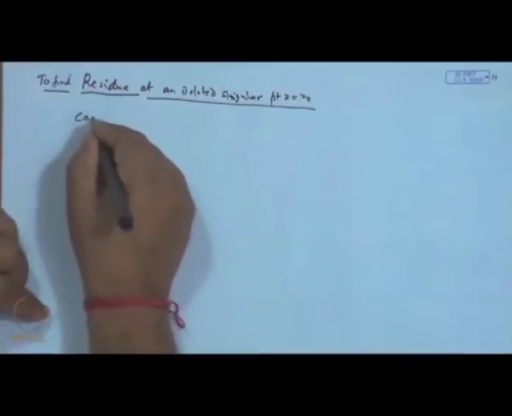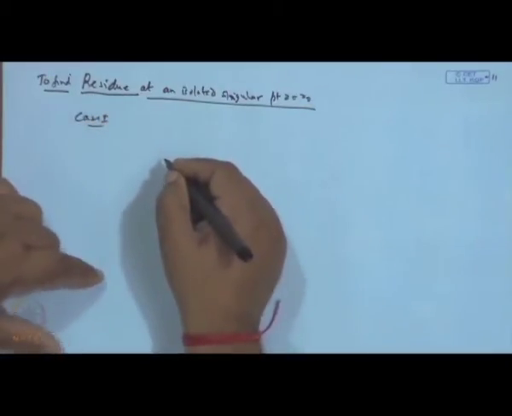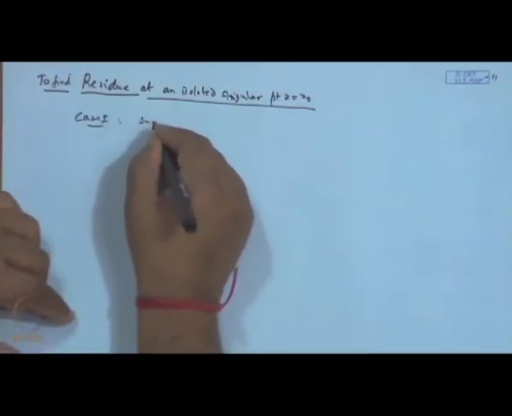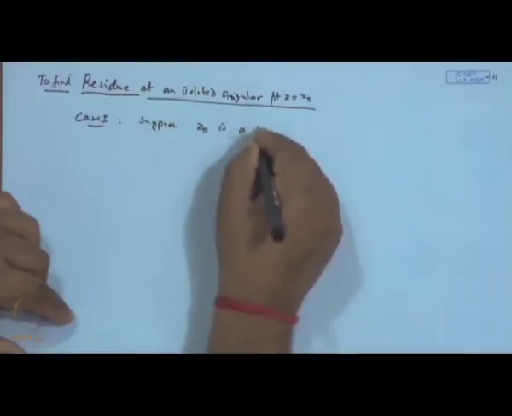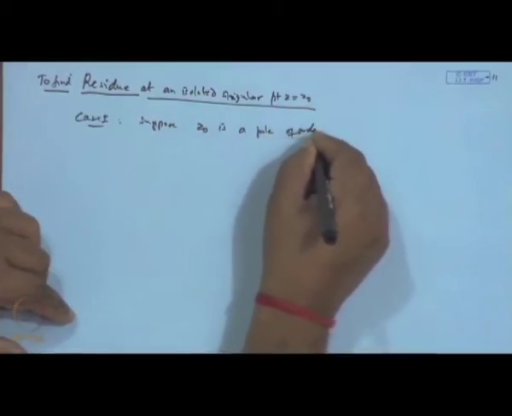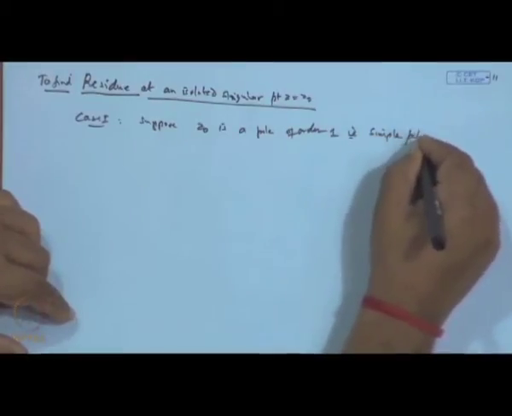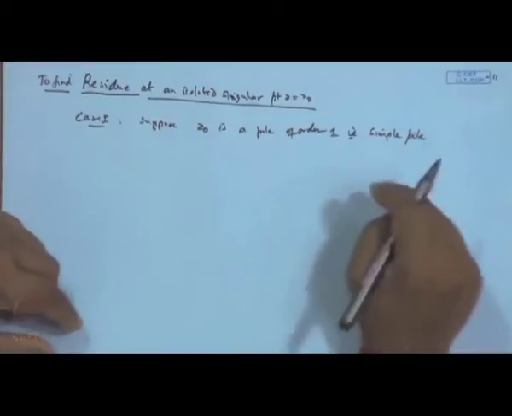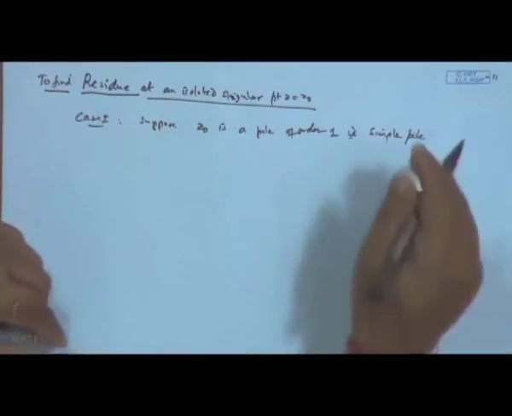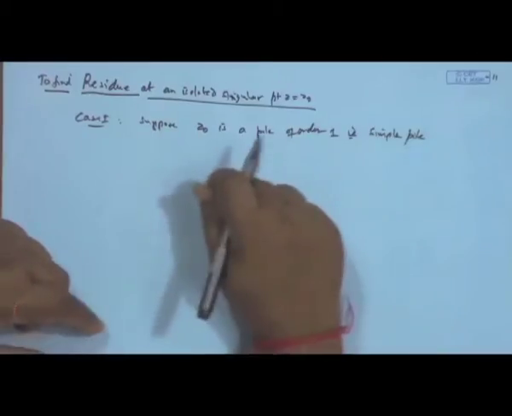So, I will give it in different cases. Case 1: suppose z naught is a pole of order 1. A pole of order 1 means a simple pole. Simple pole means the function value f of z naught is 0, but f prime z naught is not 0. The Laurent series expansion will involve only one term in the principal part, and the rest of the terms will have positive integral powers of z minus z naught.